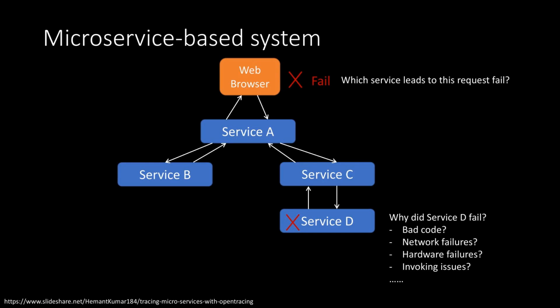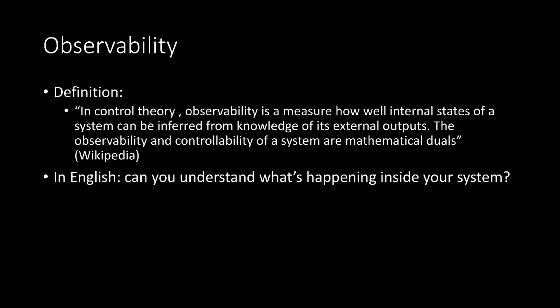But with so many independent services along with various user requests, how do we diagnose and pinpoint exactly which service or interaction is causing a problem? This is where effective monitoring comes into play. Monitoring offers observability to software systems.